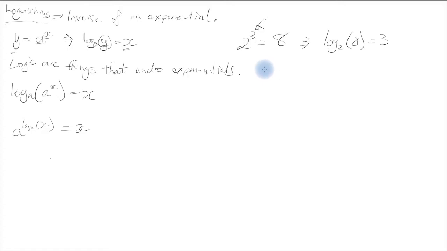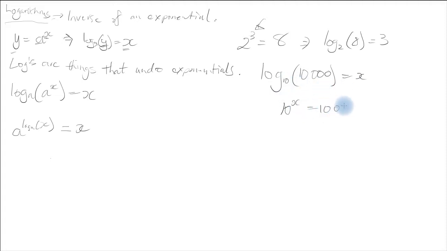Let's say we want to find the logarithm to the base 10 of 10,000. That's the same thing as saying 10 to the power of some unknown x, so 10 to the power of x equals 10,000.